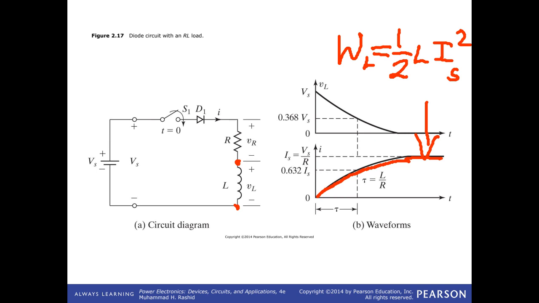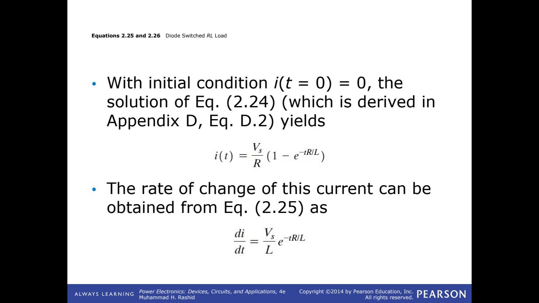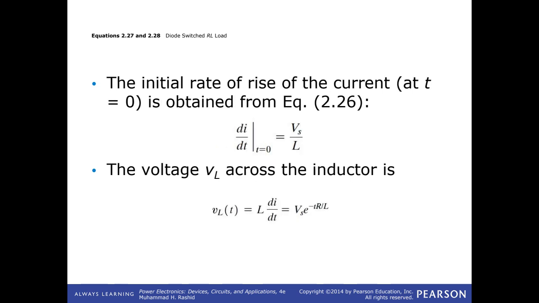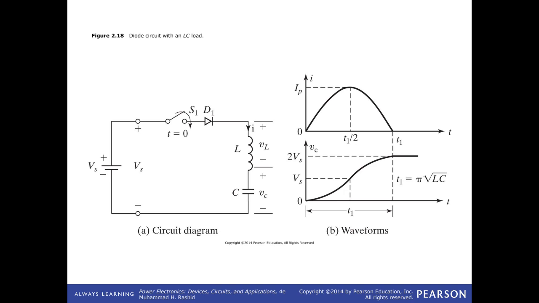In Turkish we call it 1 bölü 2 CV kare. Yes, this is what we have done last week, and these are the equations. Although I derived those equations in a different manner, the result is the same.